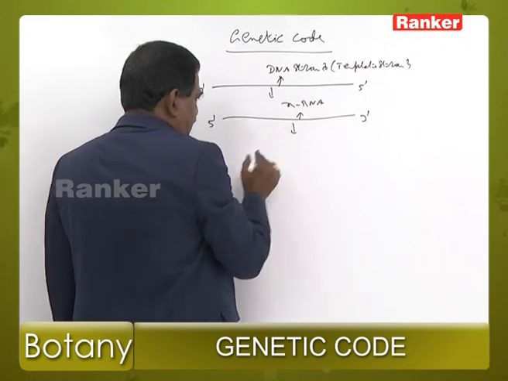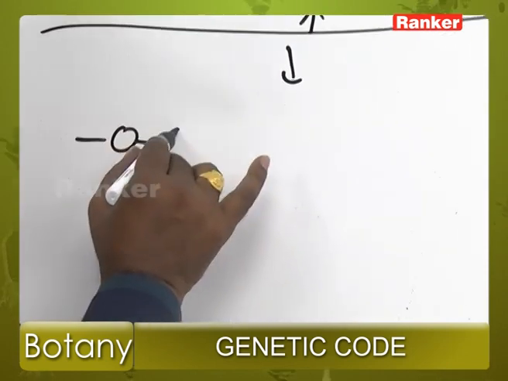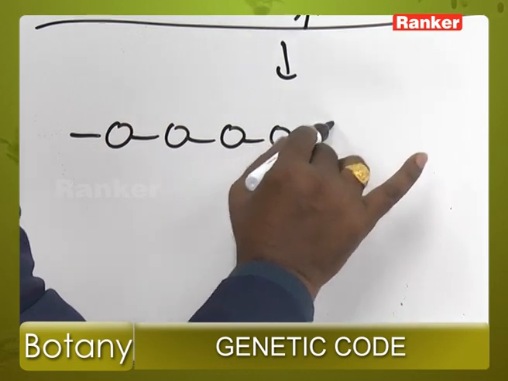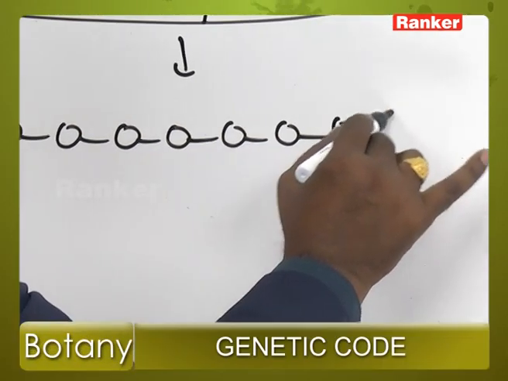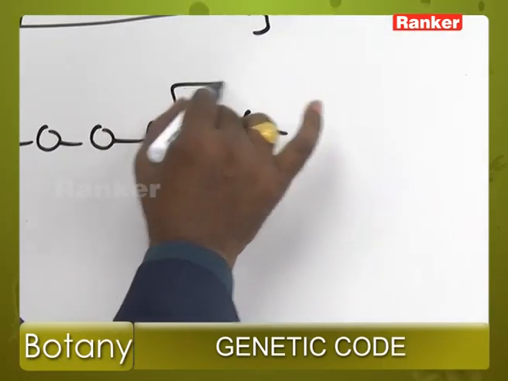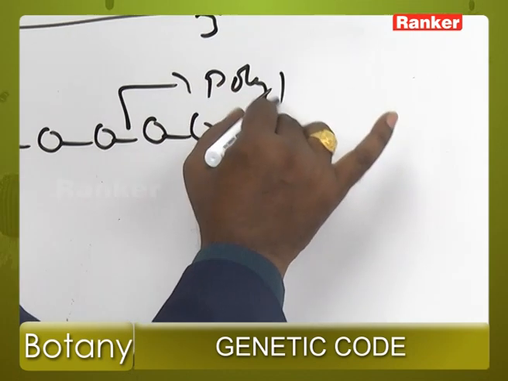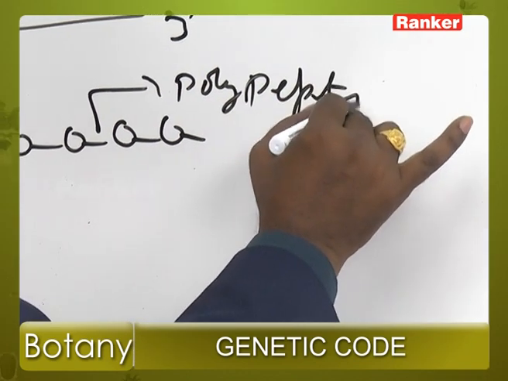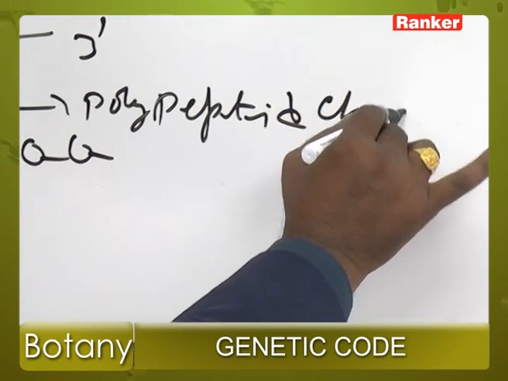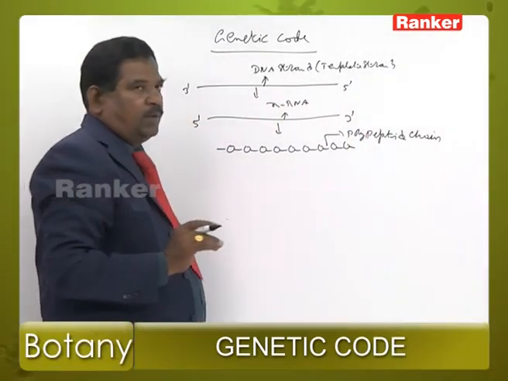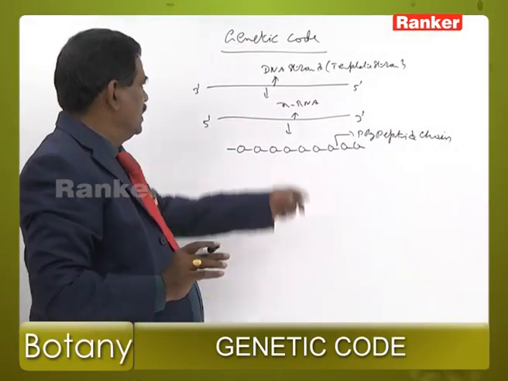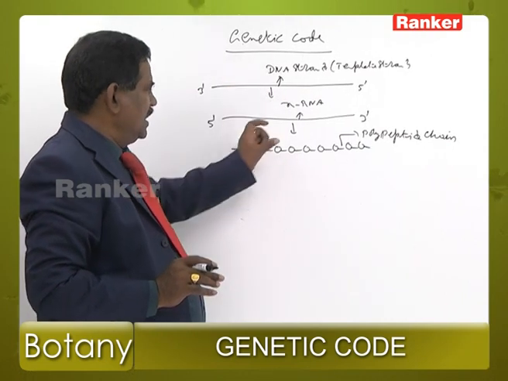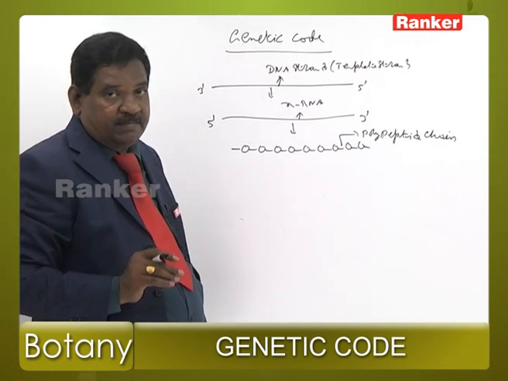From this mRNA, polypeptide chain is formed. First step, that is the transcription, and the second step, that is the translation.